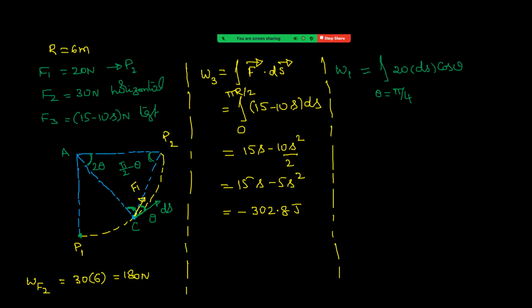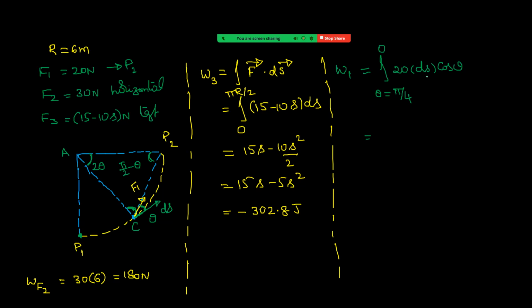When this point reaches P2, the displacement is along the tangent and the force is also along the tangent, so when it is about to reach P2, the angle between the two vectors is 0. Now just the calculation part remains.